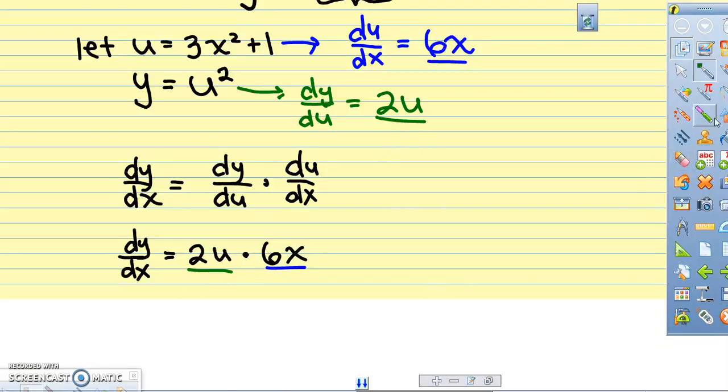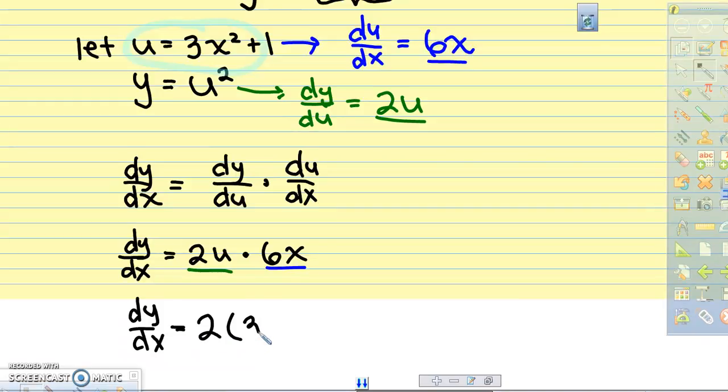And let's not forget that u originally was 3x squared plus 1. So when I plug u back in, I get dy over dx is equal to 2 times 3x squared plus 1 times 6x. We can stop here, that's okay.